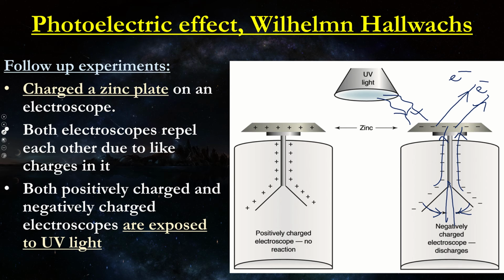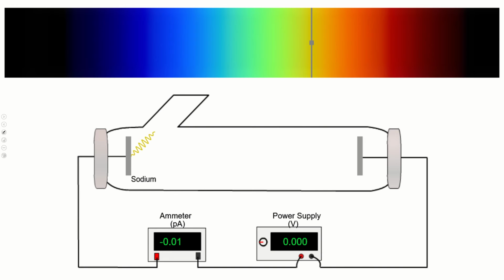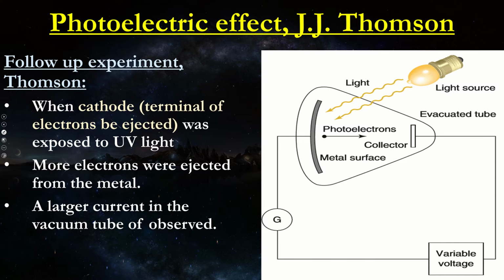So that's one idea of what we see in the photoelectric effect: the type of wavelength of light would affect the displacement of electrons. So that's an interesting and really big find there. We have a little simulation, and we're going to go back and forth with this simulation here to really depict what we're going to talk about with these follow-up experiments.